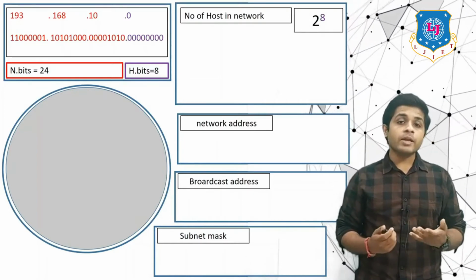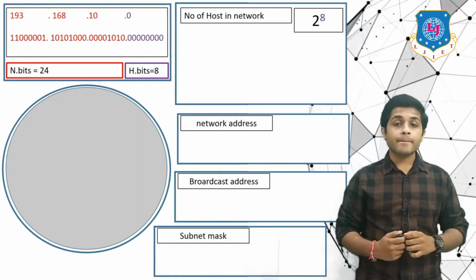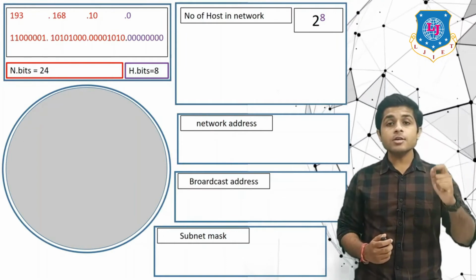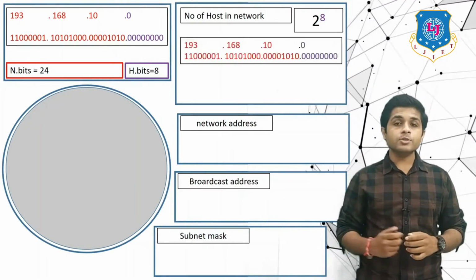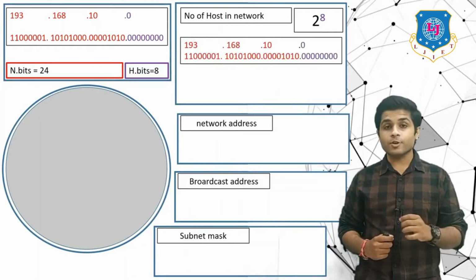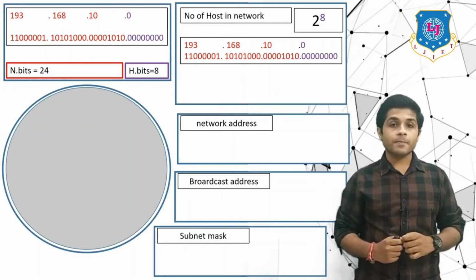Now I want to find the first IP address of this network. To find the first IP address, we will set all the host bits to 0. You will get 193.168.10.0. So it is the first IP address of the given network.